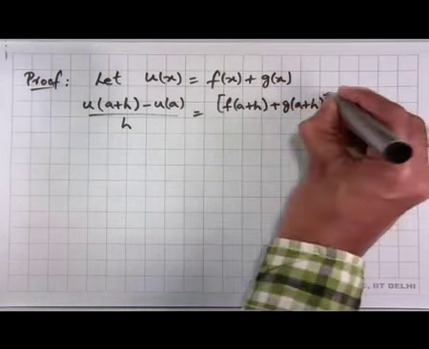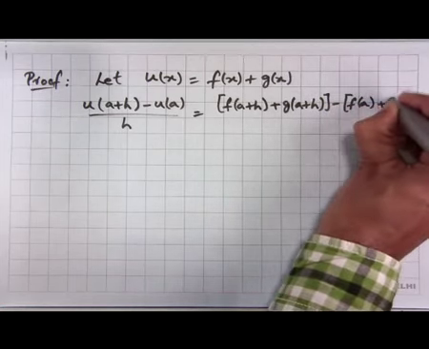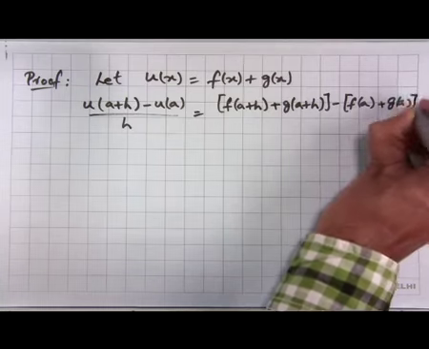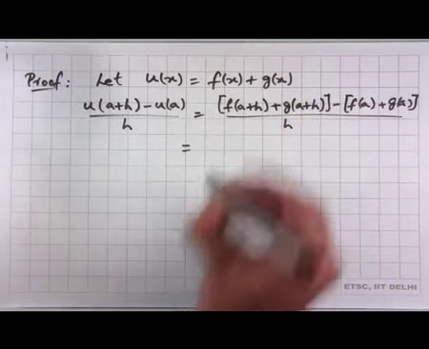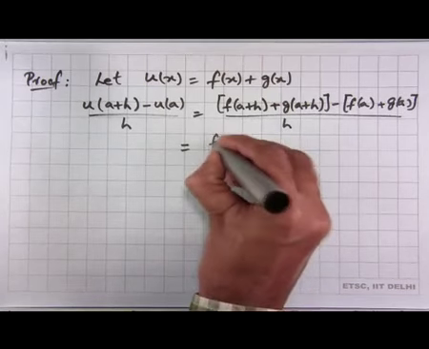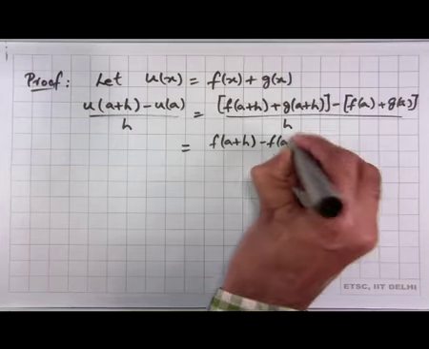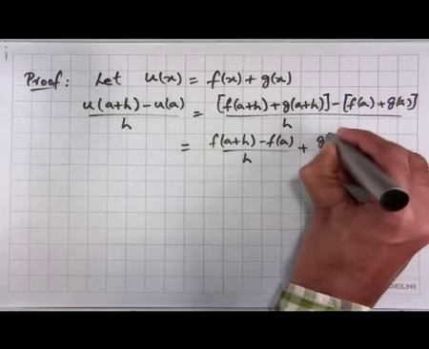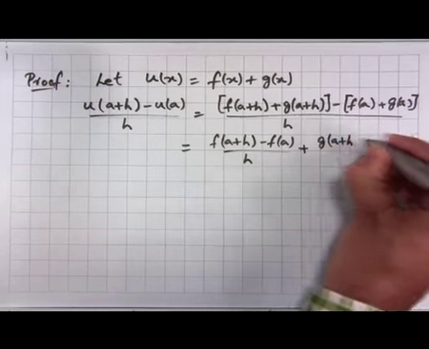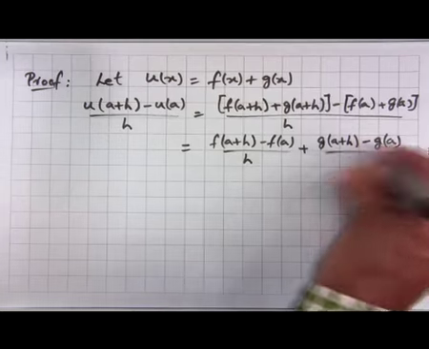This minus u of a is f of a plus g of a divided by h, and this can be written as sum of f of a plus h minus f of a divided by h plus g of a plus h minus g of a divided by h.